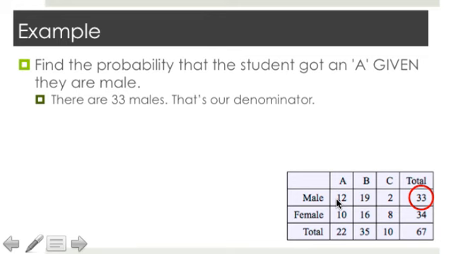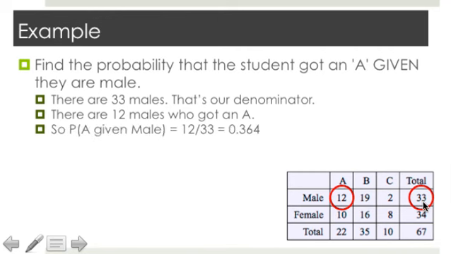And now I want to know what is the probability that they got an A. Well, you can see here in the table that there are 12 men who got A's, and so therefore the probability that a student got an A, given that they were a male, is going to be this 12 divided by this 33, or 0.364.